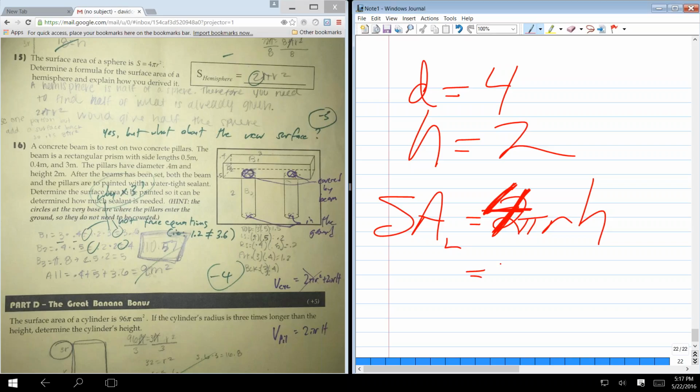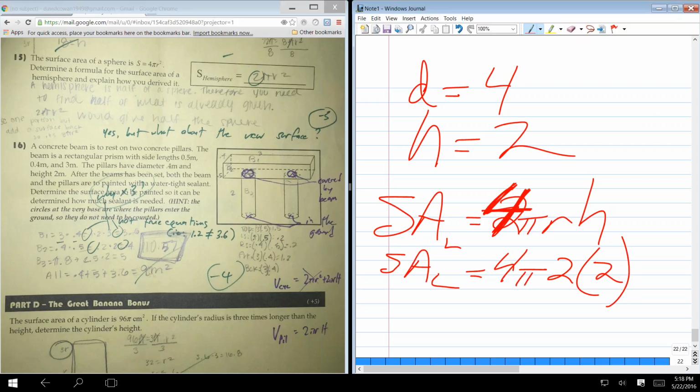Okay, so we're going to do this. What's R and what's H? R is 2. And H is 2. They want the surface area, so the only variable we have is the surface area.